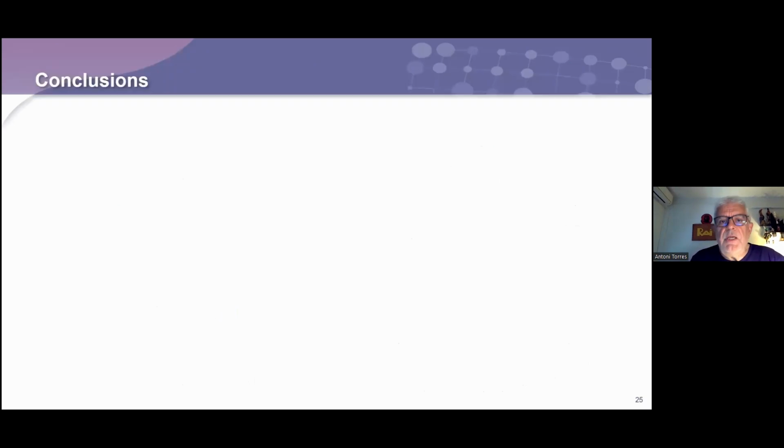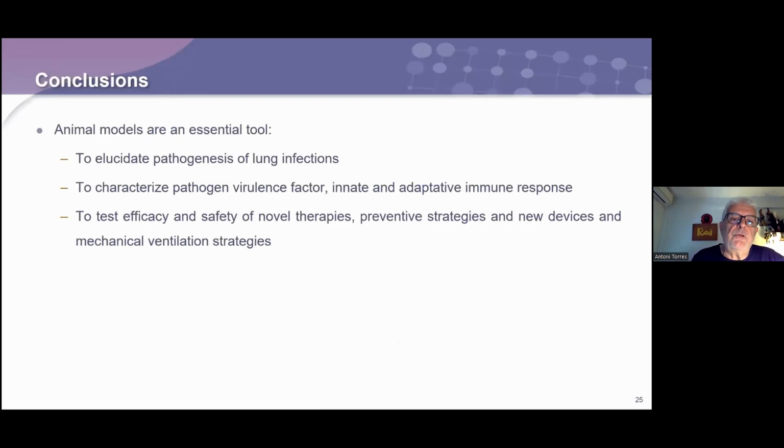Of course, this is not the same as what would happen in humans, but it can serve to study treatments and interventions. In conclusion, I think that large animal models are important to elucidate the pathogenesis of lung infections, to characterize pathogen virulence factors, innate and adaptive immune response, and to test the efficacy and safety of novel therapies, preventive strategies, and new devices and mechanical ventilation strategies.